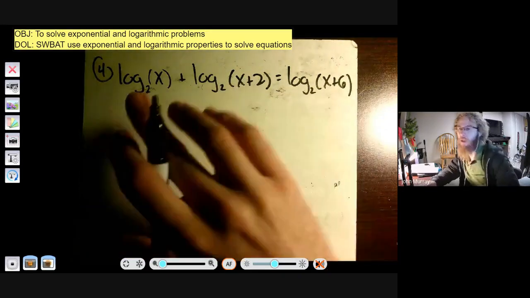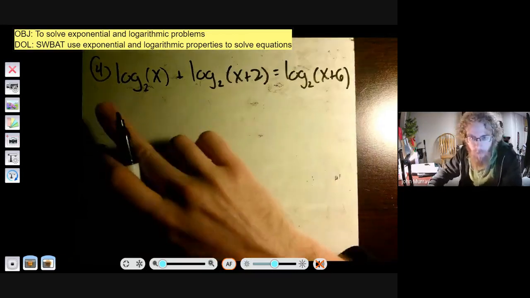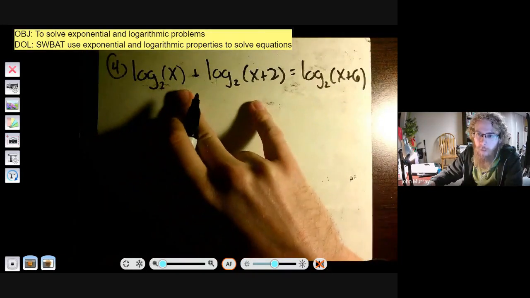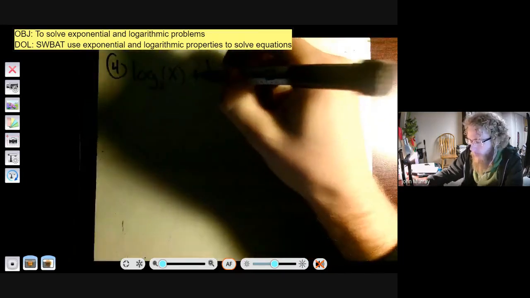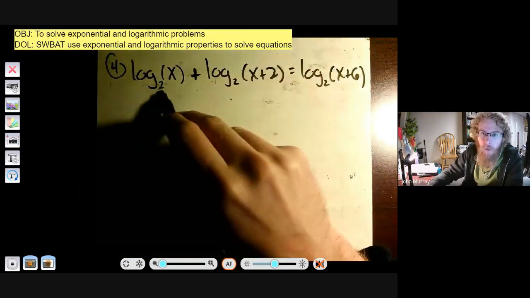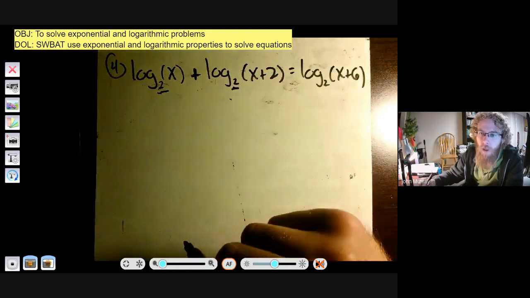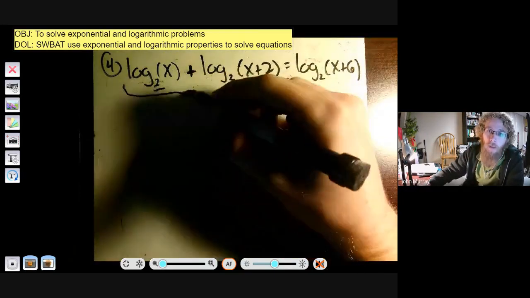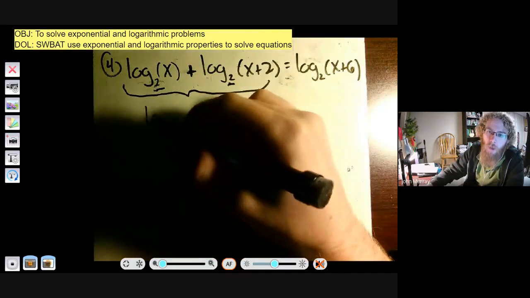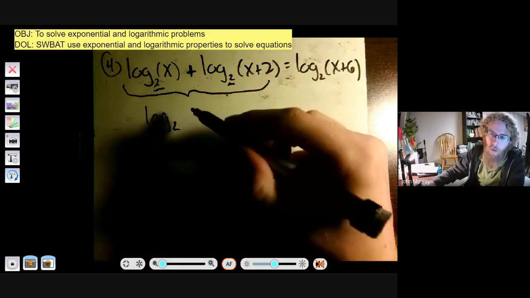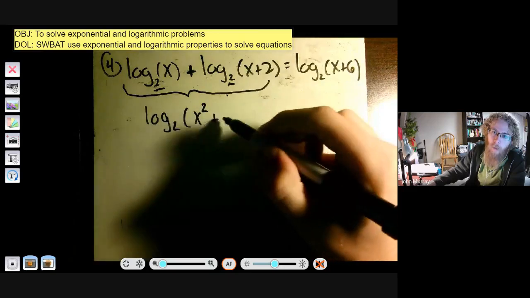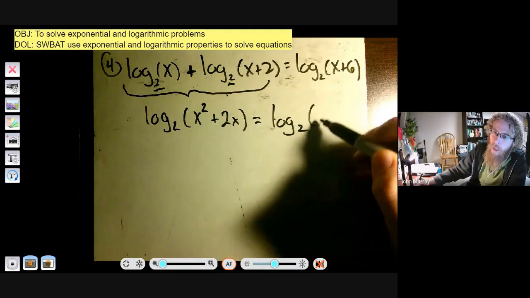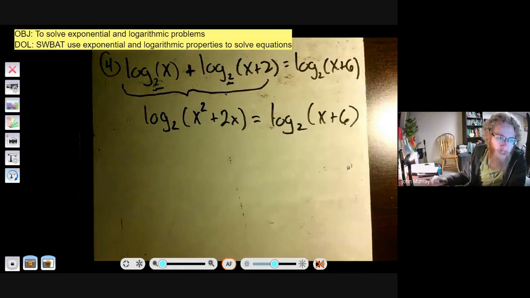I can't raise any of these to the power of 2 yet, with the base of 2, because I have more than one term over here. So because I'm adding 2 logarithms with the same base, I can multiply what's on the inside. So these two join, to log base 2 of x squared plus 2x. And this stays the same over here.